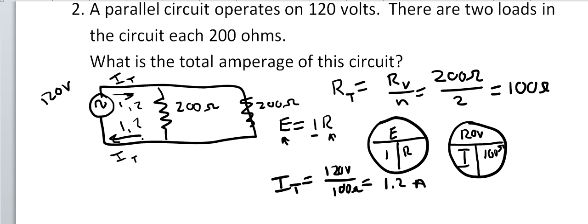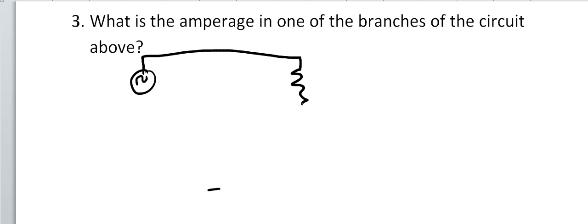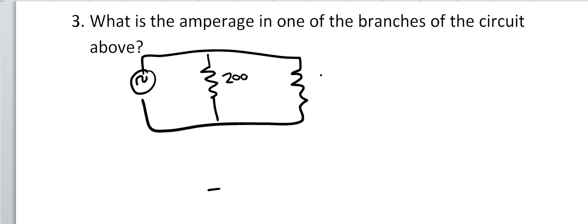Let's take the next question. What is the amperage of one of the branches of the circuit above? So let's draw real quickly the circuit above. There was a resistor here and one resistor here, and we had 200 ohms each resistor and a 120 volt source, and 1.2 amps was the total amperage.